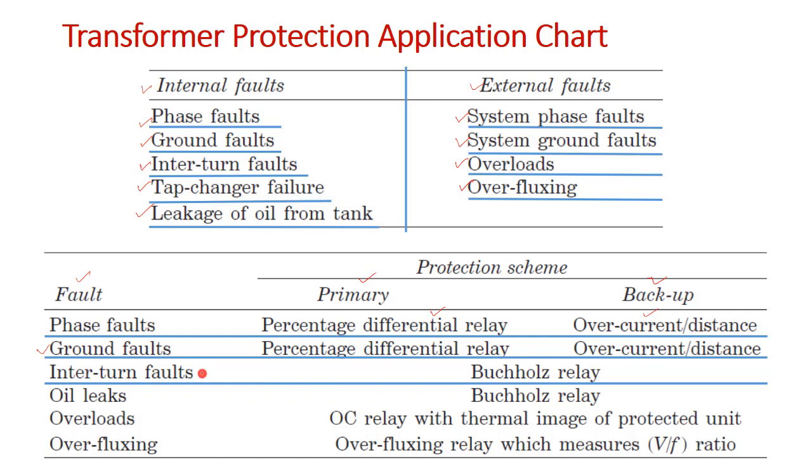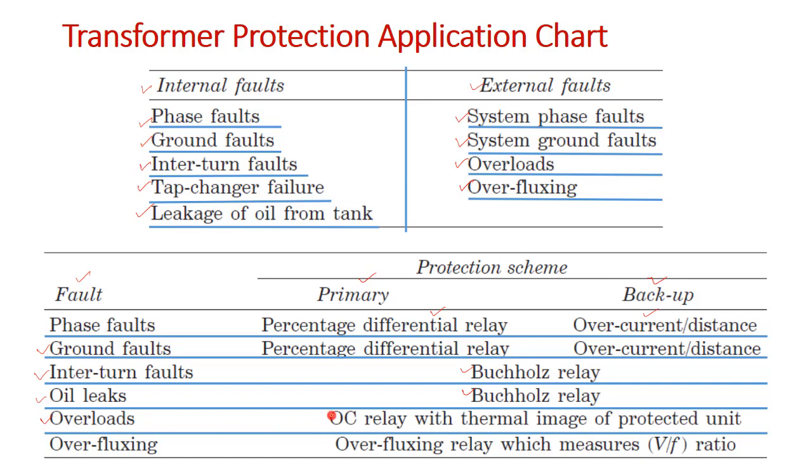Similarly, for interturn faults, your Buchholz relay will be used, as we already discussed, and for oil leakage also the Buchholz relay will be useful. For overloading condition, an overcurrent relay with thermal image of the protected unit is used. Sometimes, because of the heating of the elements of the transformer, the thermal image becomes different, so from the thermal image also the transformer is protected.